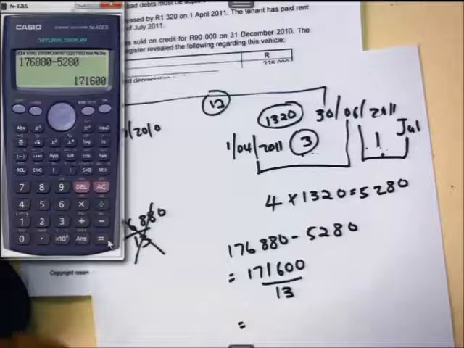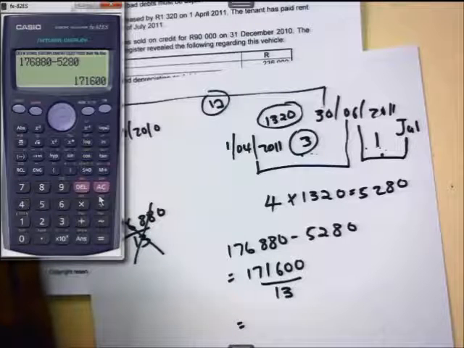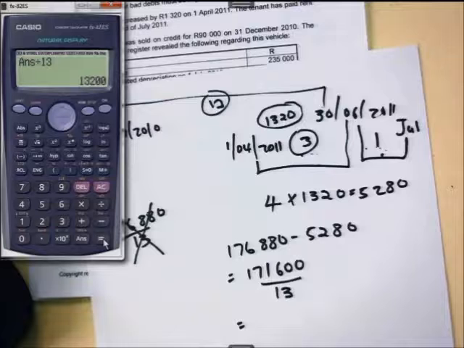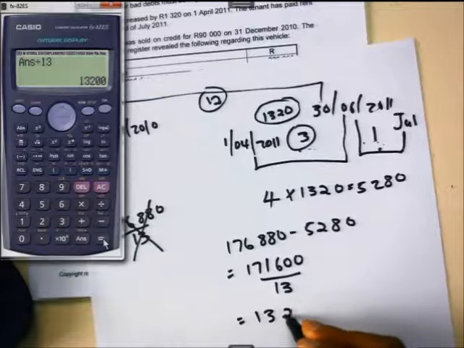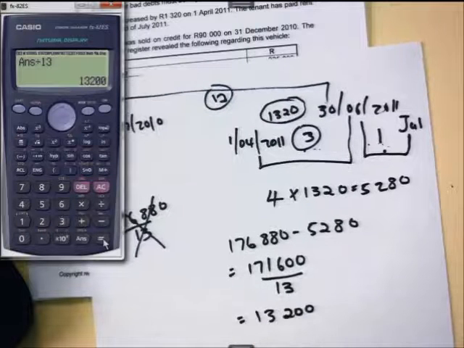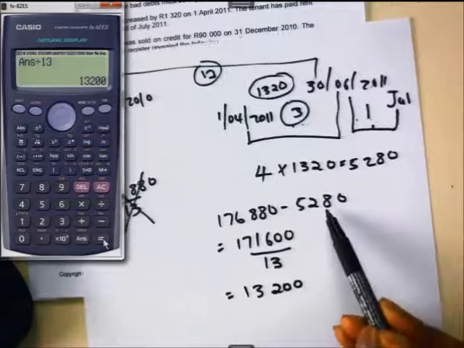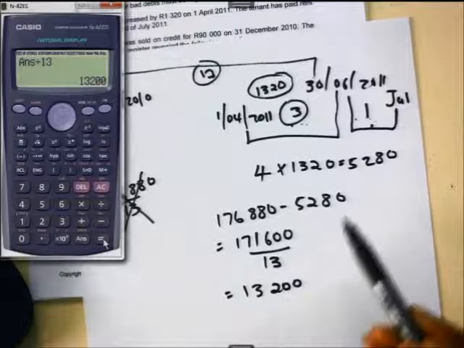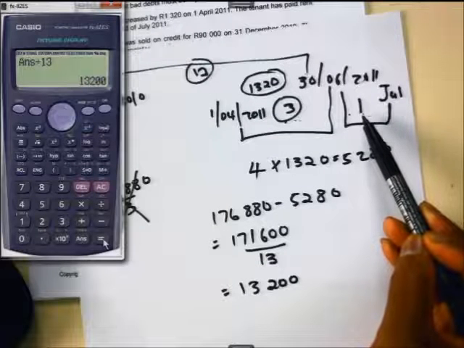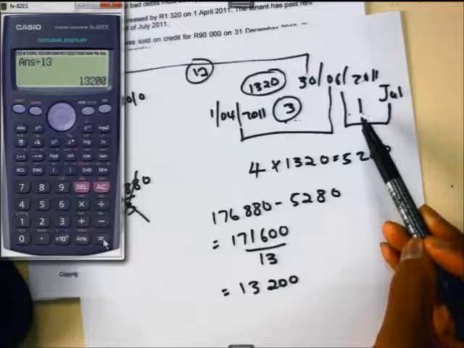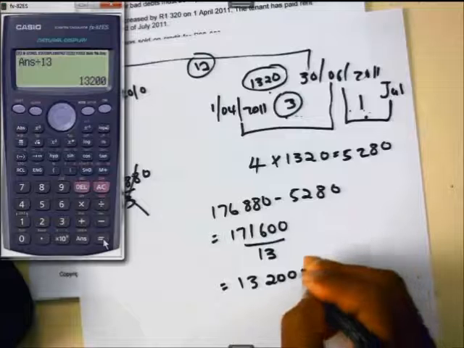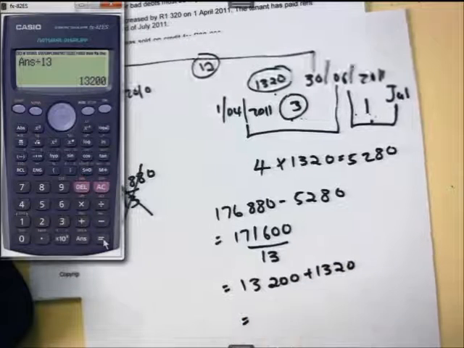So we'll say 171,600 divided by 13 months. It will give us 13,200. But remember we have subtracted the increase, so 13,200 represents rent before the increase. But we are looking for the month that includes the increase. So 13,200 plus 1,320, because they said the increase per month is 1,320.